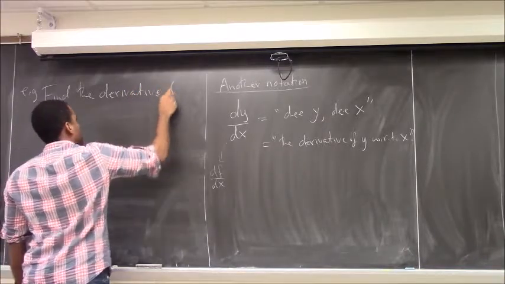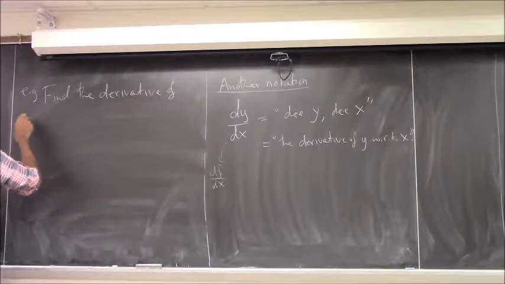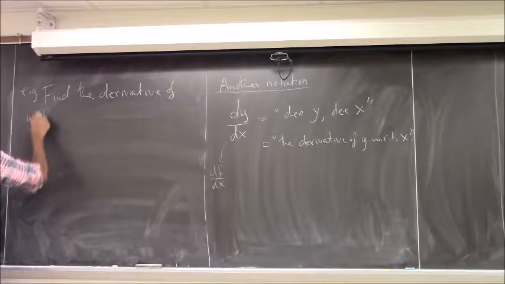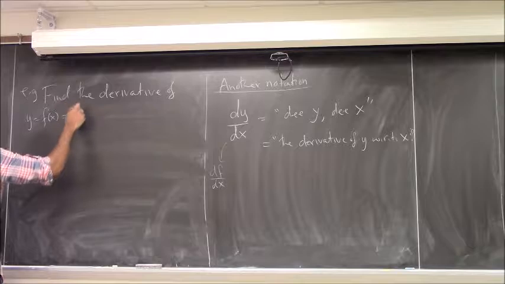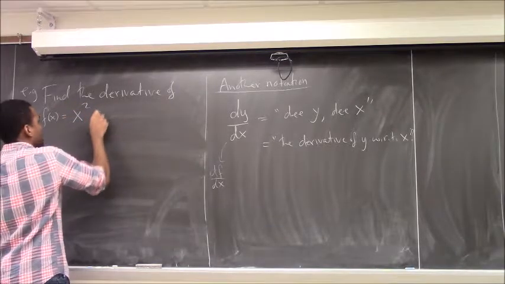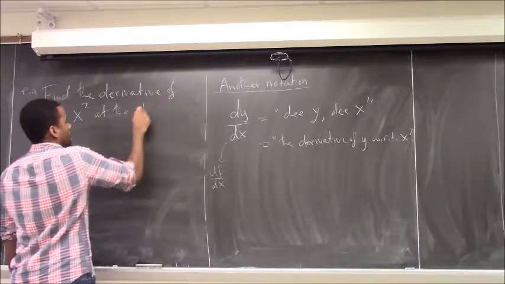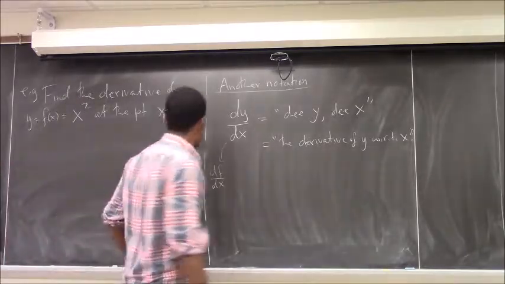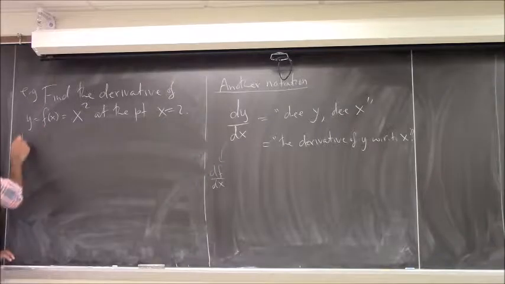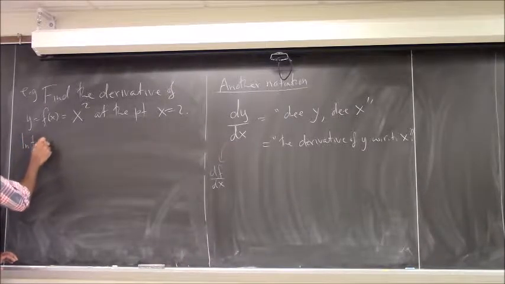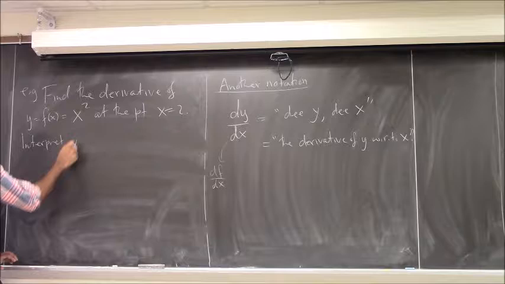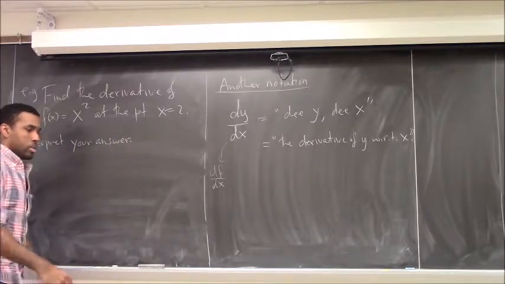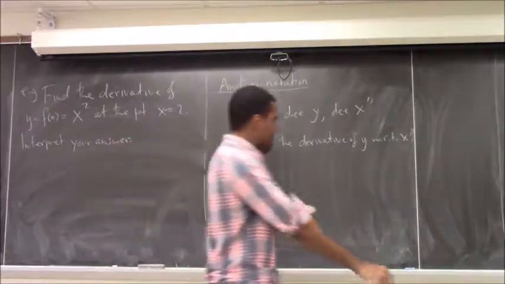Find the derivative of y equals f of x equals x squared at the point x equals 2, and interpret your answer. Let's actually do that.